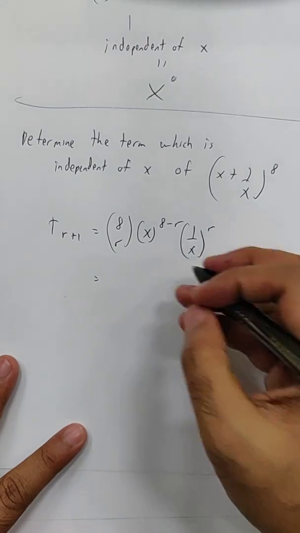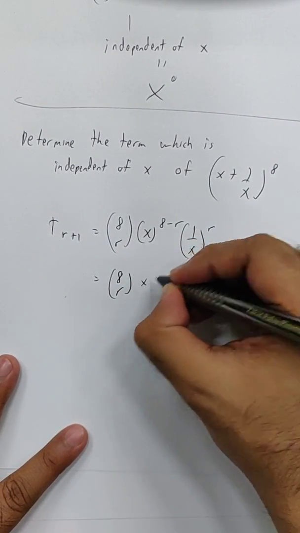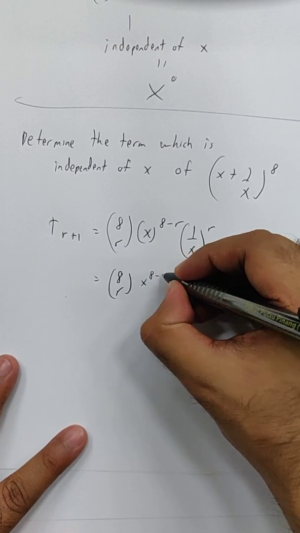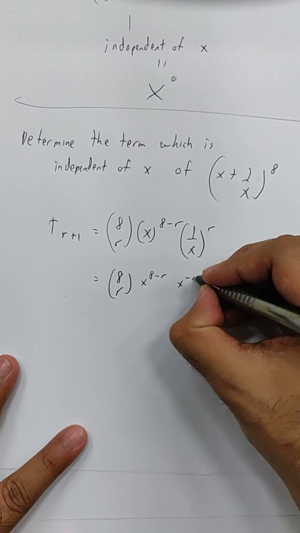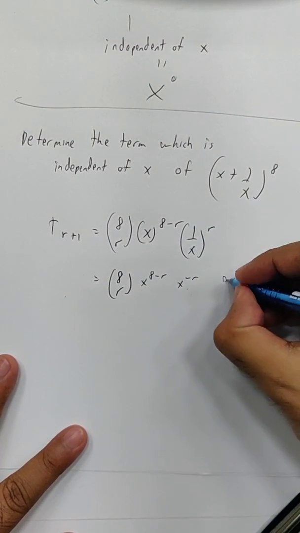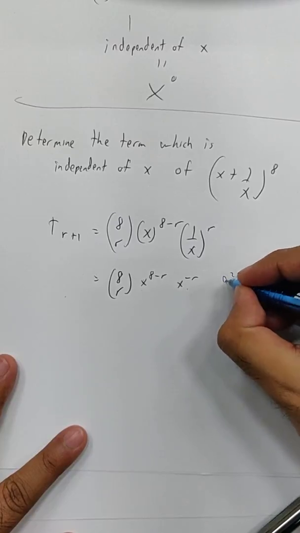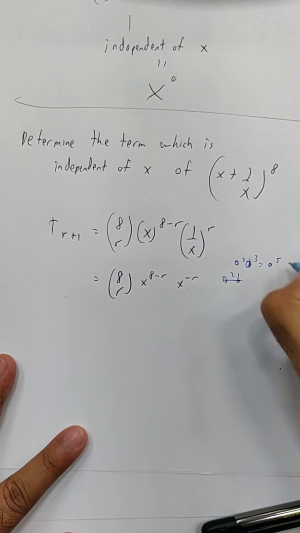Okay, so viewers, you and me. 8Cr x^(8-r) times 1/x to the r. We can write 1/x^r as x^(-r). And then we try to combine this. Remember, if I do a squared times a cubed, it is a^5.